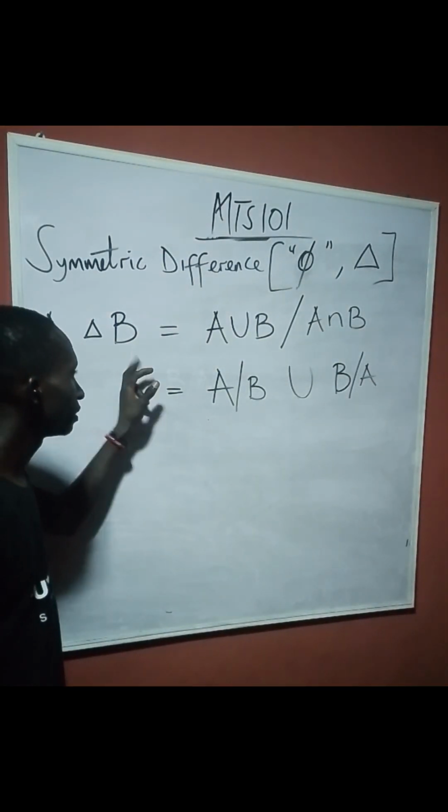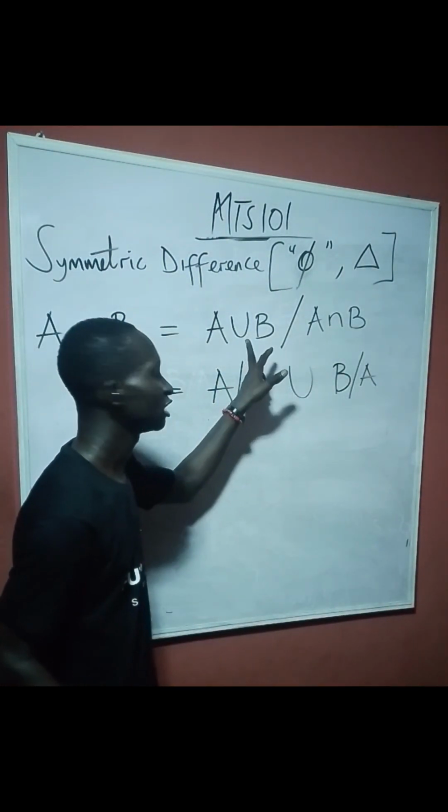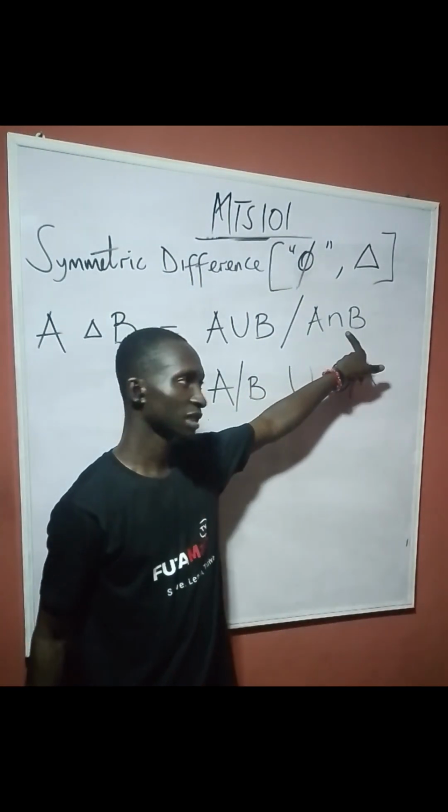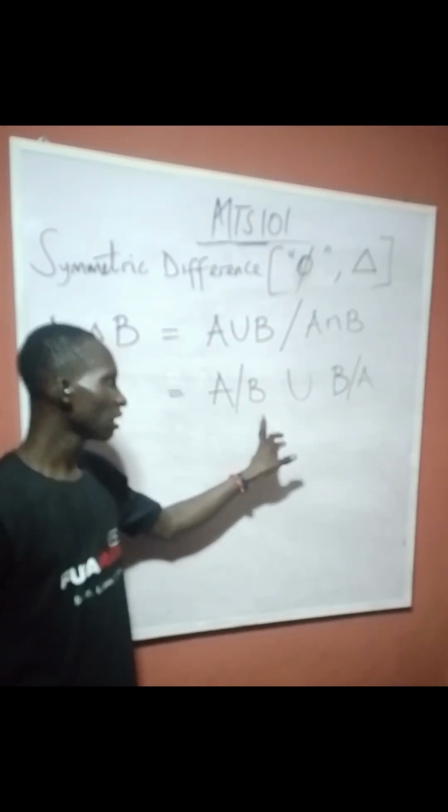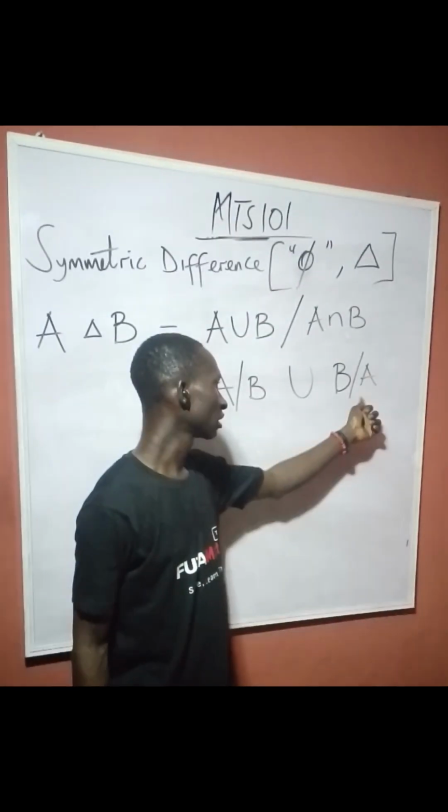A symmetric difference B, you can achieve it by finding the union, then take the difference from what? A intersection B. Or you just find A difference B, then you take its union with what?